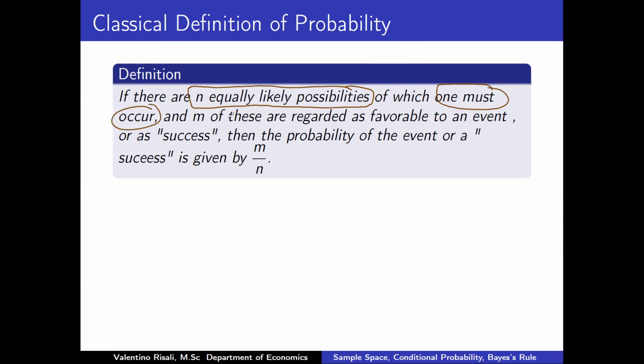After that, we have m of these possibilities as favorable to an event, or we say they are successes. Then from this definition, the probability of that event is given by m divided by n.